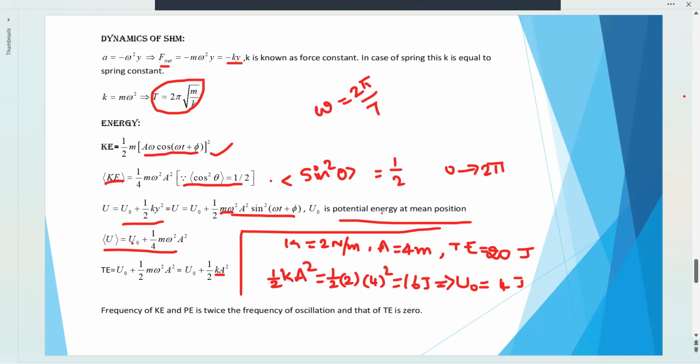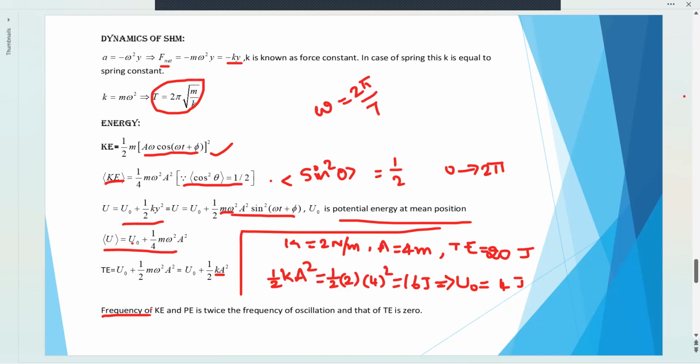Now coming to the last sentence here. The frequency of kinetic energy and potential energy is twice the frequency of oscillation, and that of total energy is 0. What is the meaning of this sentence? So first understand what the word frequency is and where we use it.